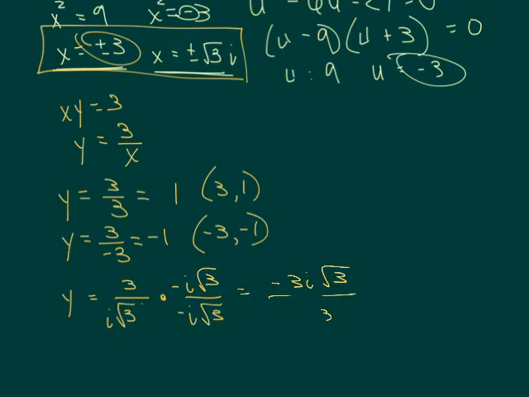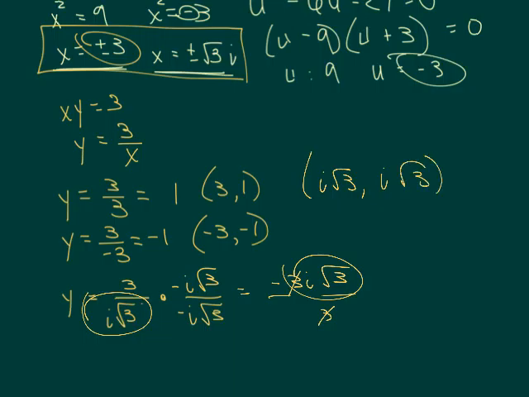Well, I can cancel this 3 and this 3. So now when my x is i square root of 3, my y value is going to be i square root of 3, with this negative put on there.